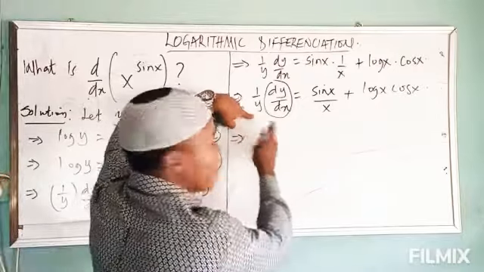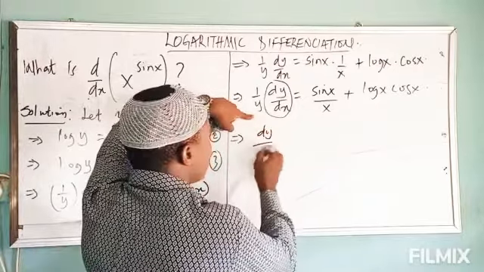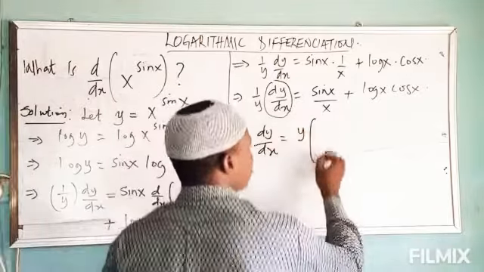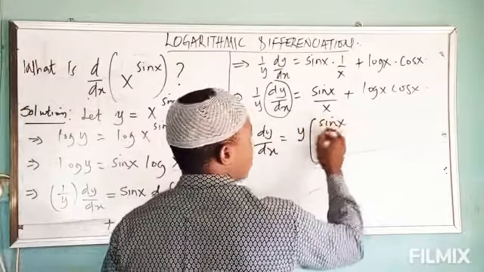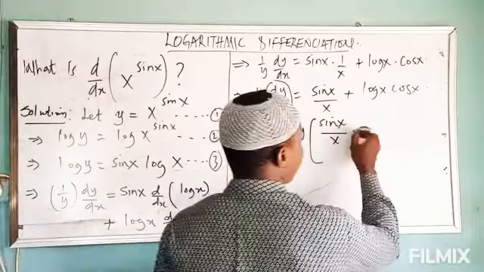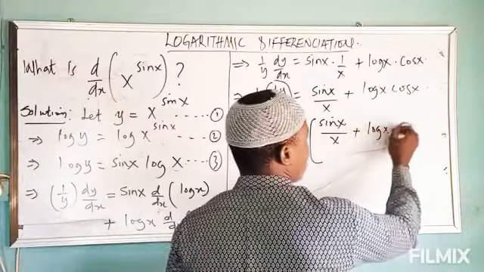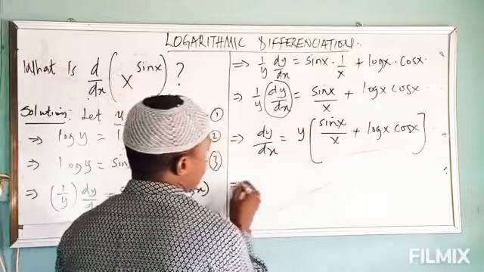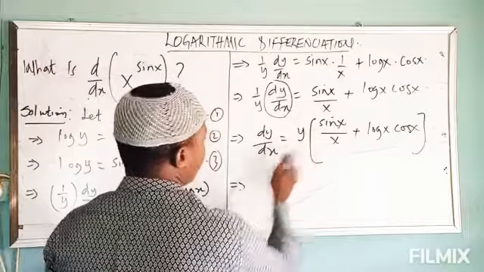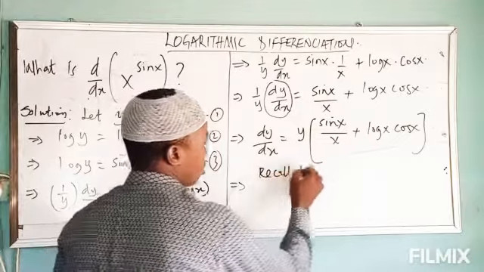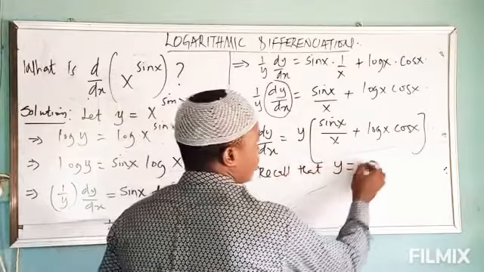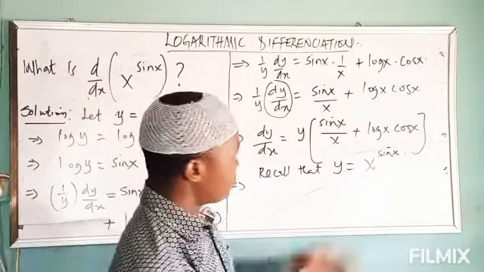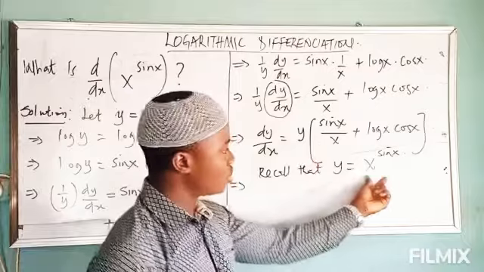So multiplying both sides by y, we have dy ds to be y into bracket sine x over x plus log s cos s. So now do not forget, recall that y equals to s sine x. So now from the right hand side, anywhere you see y, you put s sine s.